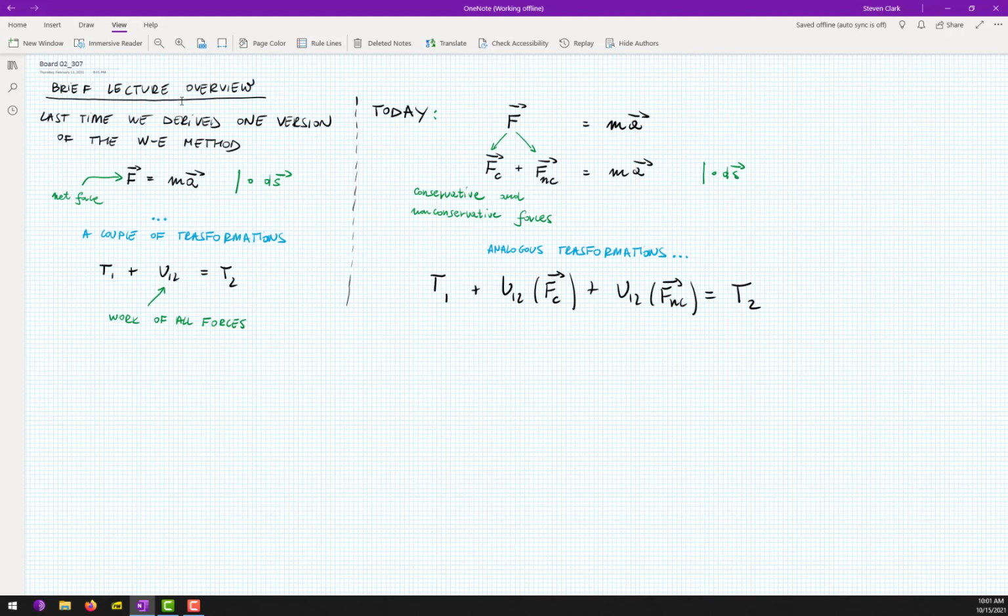And now, if we look closer at this, and if we integrate all the conservative forces, we can end up with such an expression. This is equal to V1 minus V2, where this is the difference in potential energies.